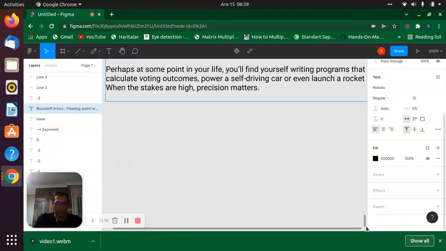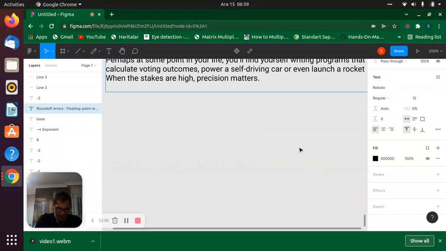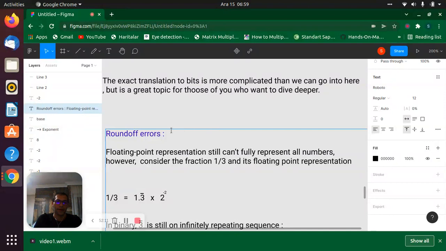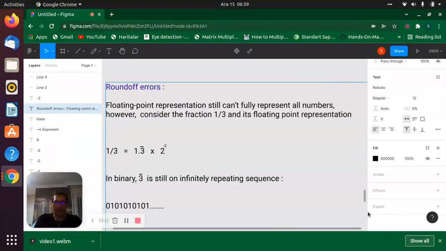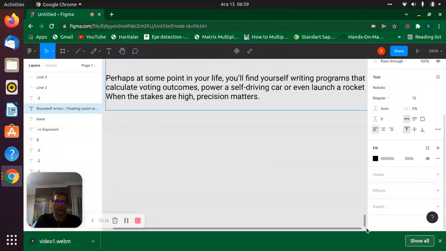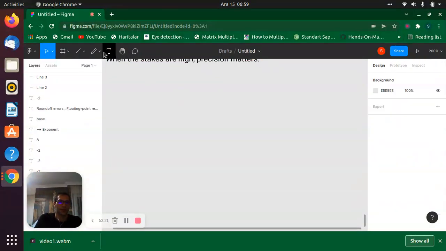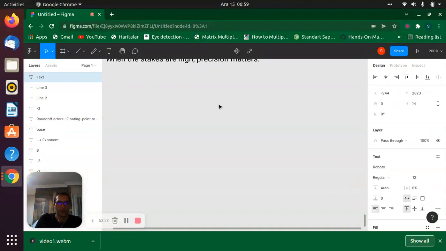Now we have numbers, limits, overflow, and round-off practice questions. What I want to do at this point is write this one here. I will come down, maybe here.